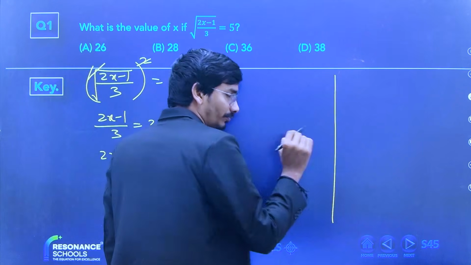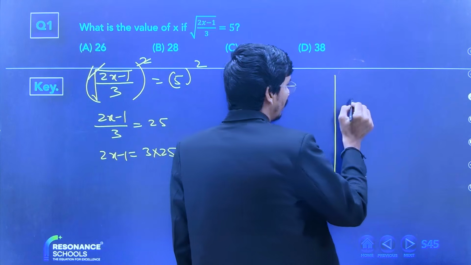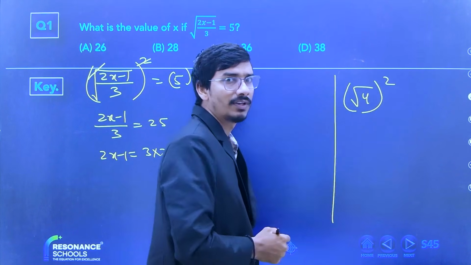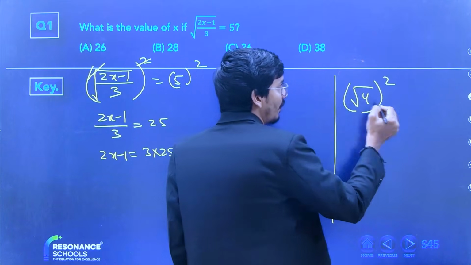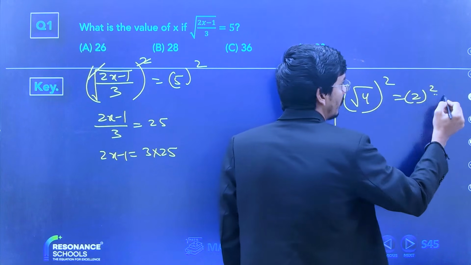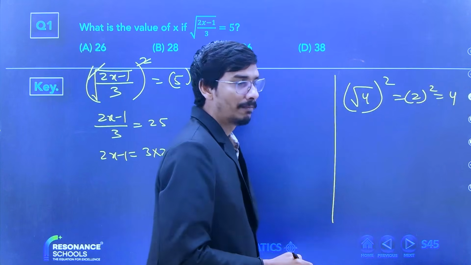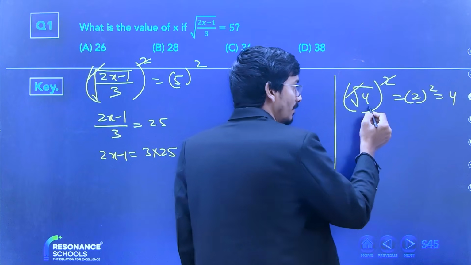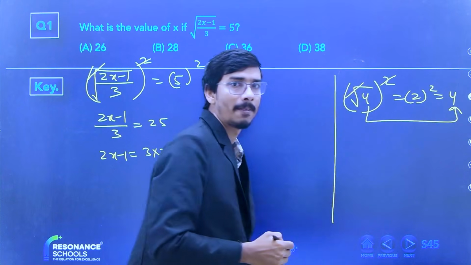Acha, listen to me here. If I ask for the square root of 4, whole squared, what is the value, beta? First of all, the square root of 4 is 2, squared again is 4. The square root of 4, squared, means this square will cancel the root. We simply get 4.